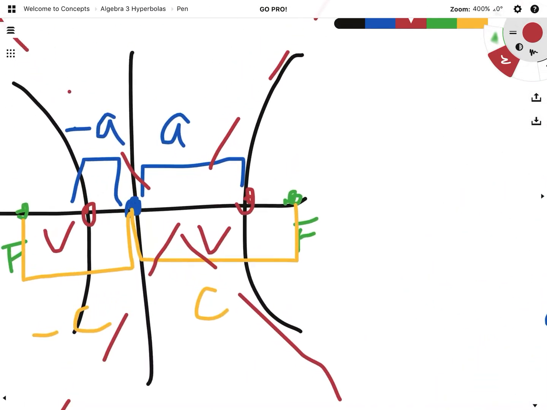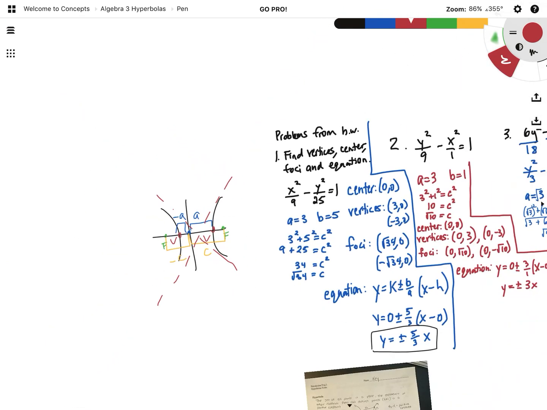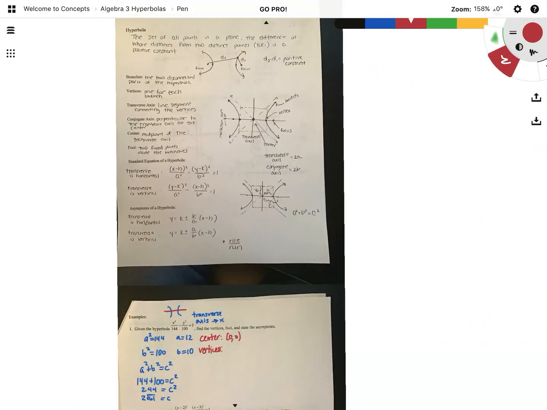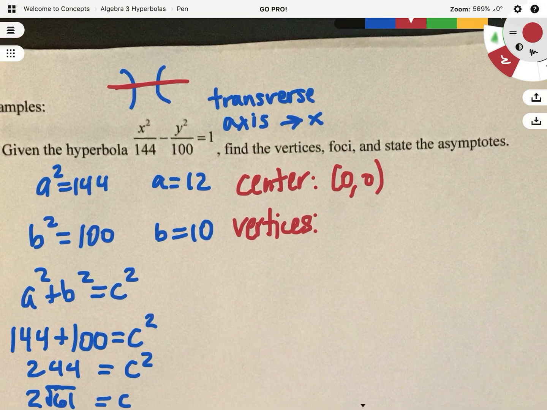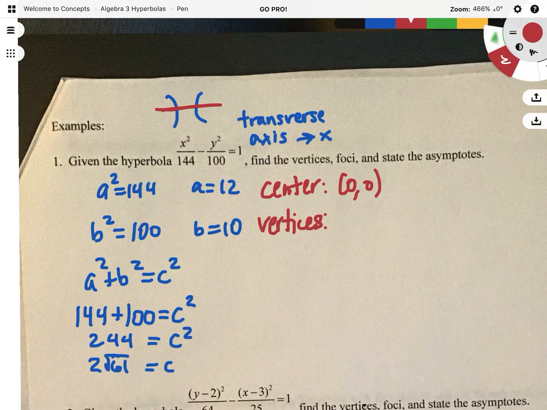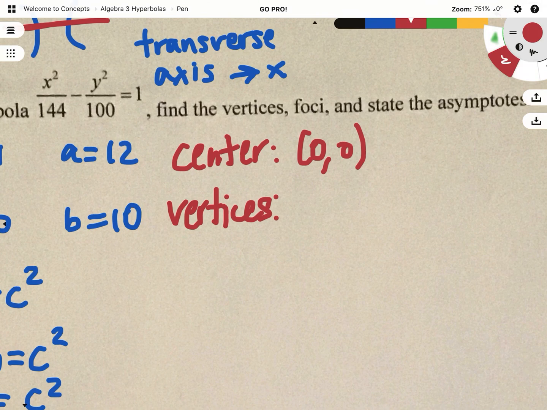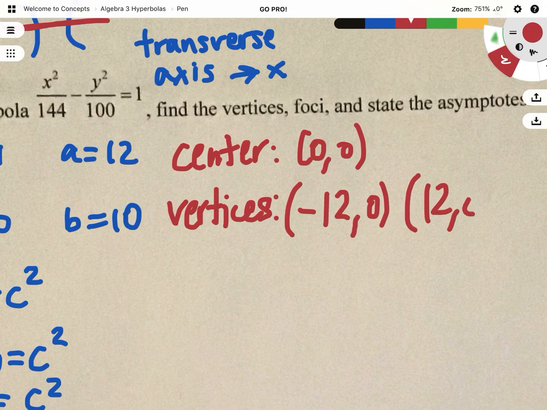So we can see that the a value is the vertex distance from the center. So a is, in this case, 12. So we're going to be adding 12 and subtracting 12 from the x values. So first, let's subtract: negative 12 comma 0 and 12 comma 0.